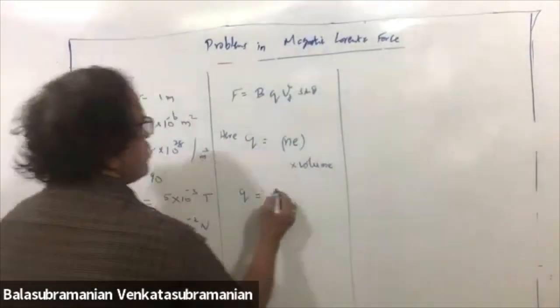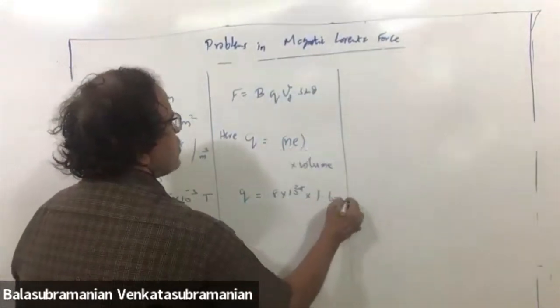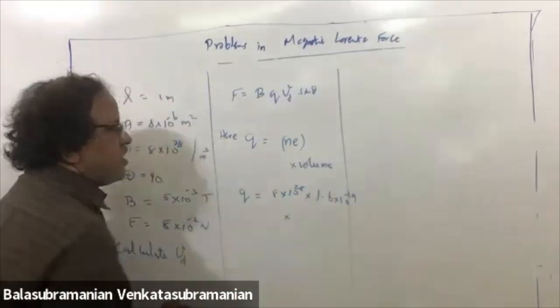Number of electrons 8 into 10 power 28. Charge 1.6 into 10 power minus 19.